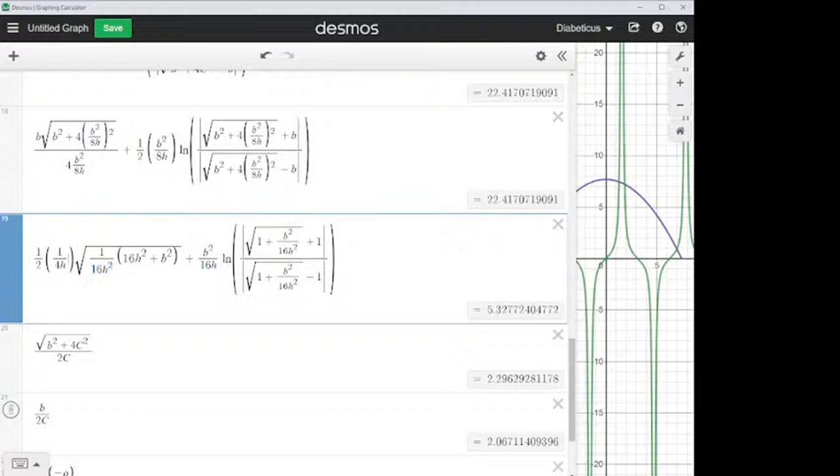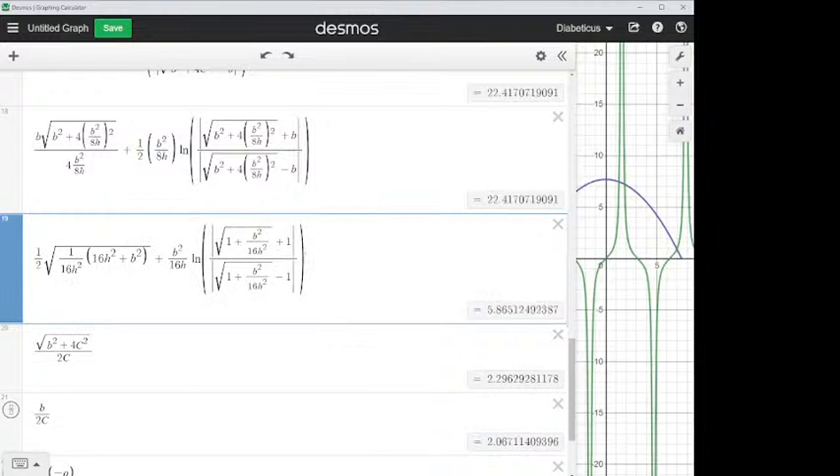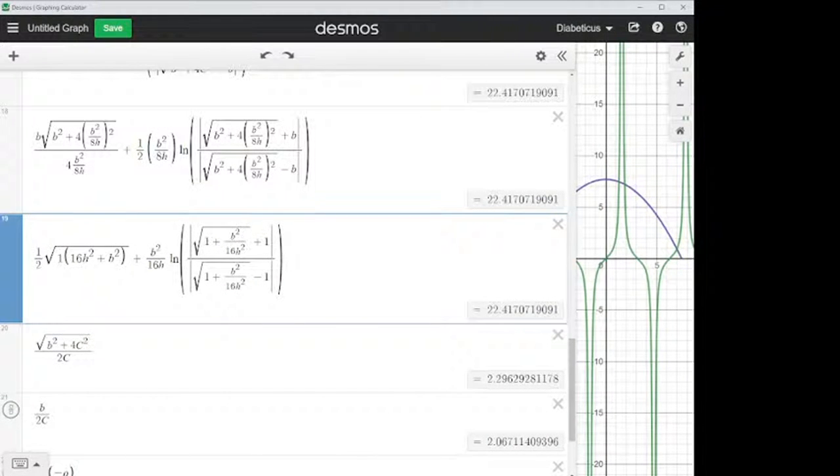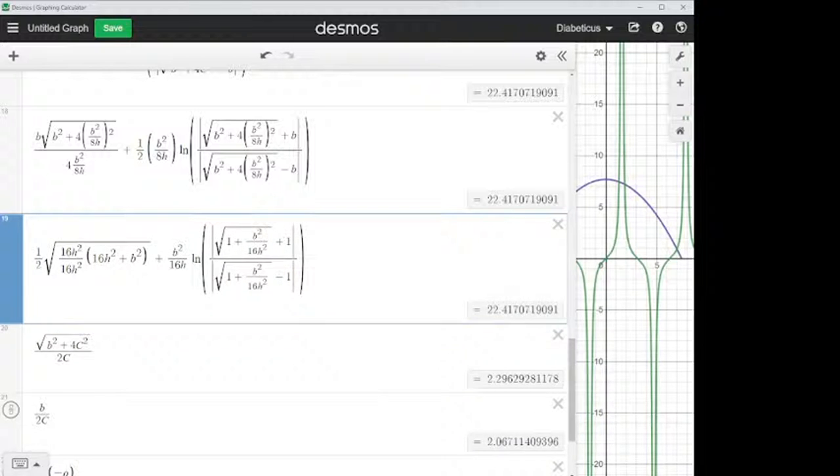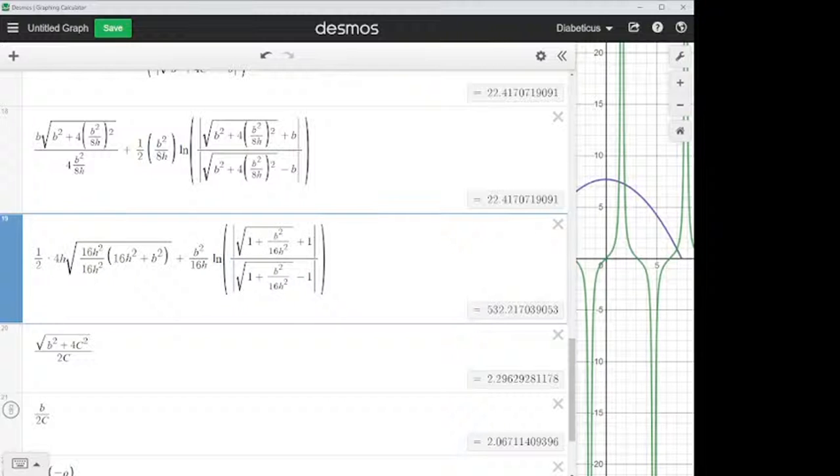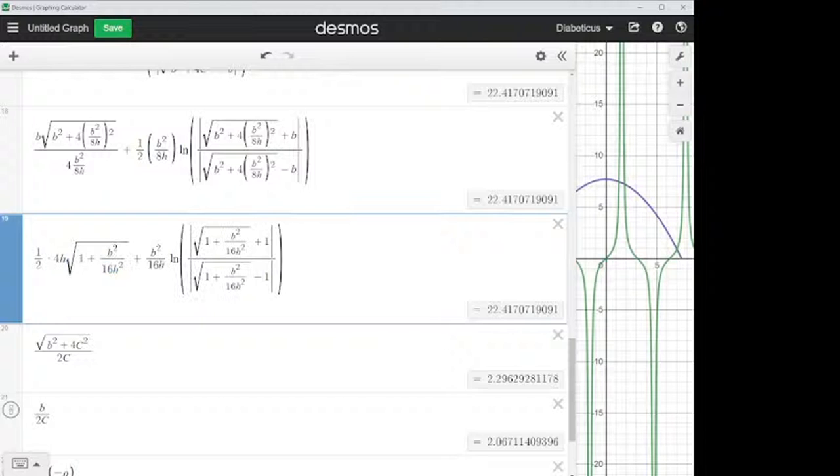Okay, something is happening with... Oh, no, hold on. Do it like this. There we go. And 4h. Now this. And I think this is just going to be this expression here. It's going to be 2h.